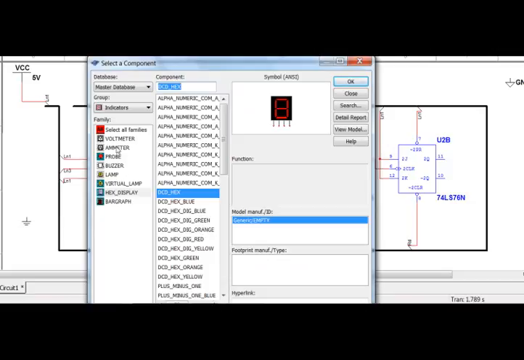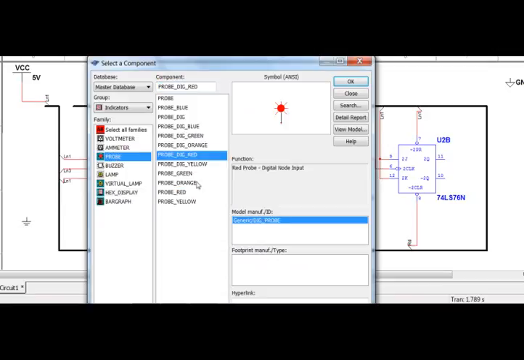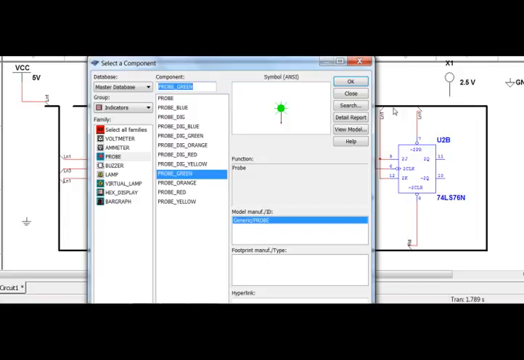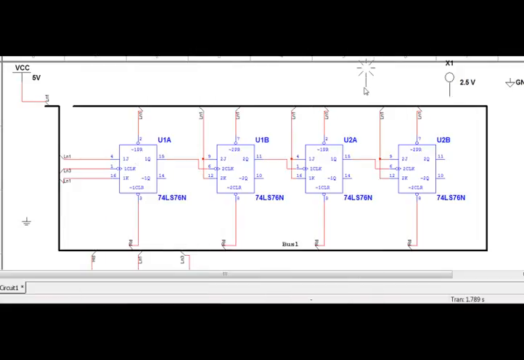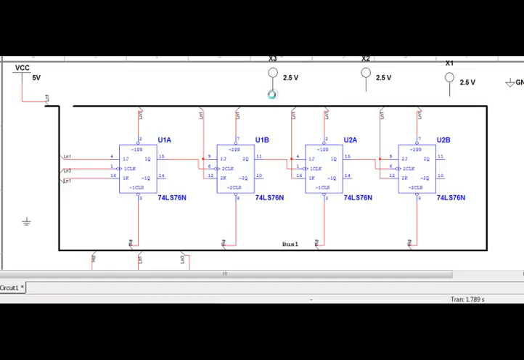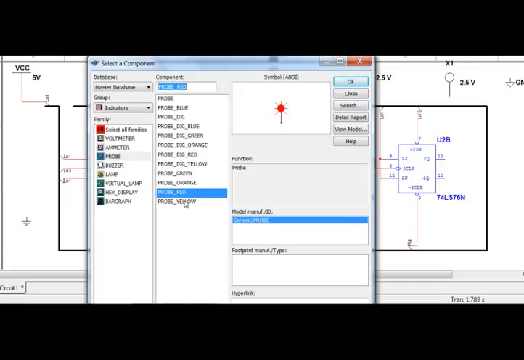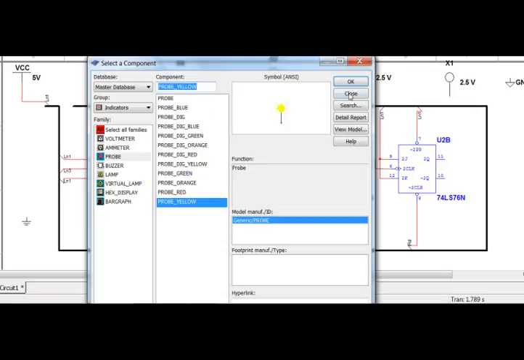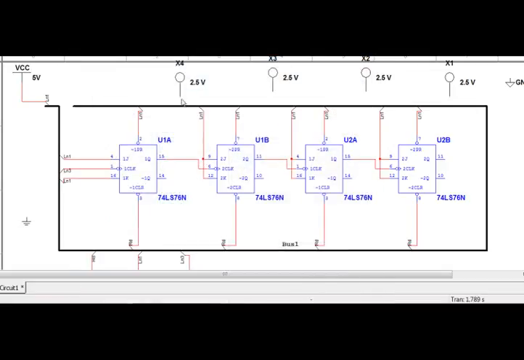Okay, so we're gonna get a probe. What color do we want? We want a green one. So we'll put a green one there, and we'll put an orange one here, and we'll put a red one there, and we'll put a yellow one here.